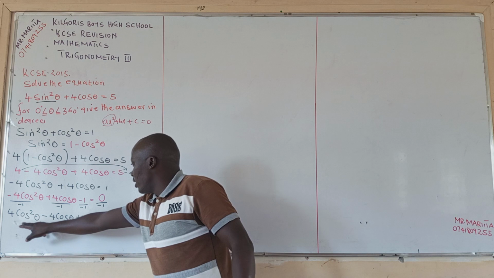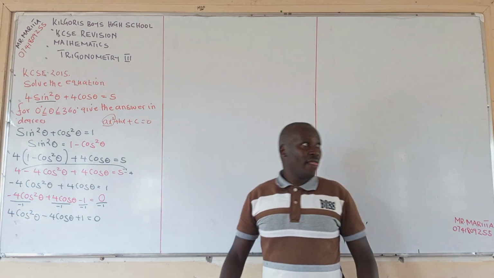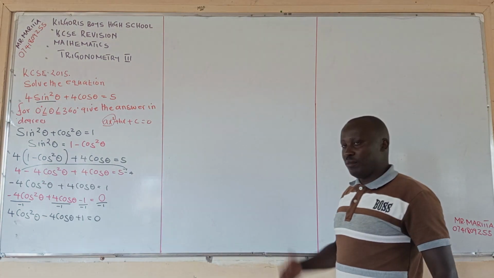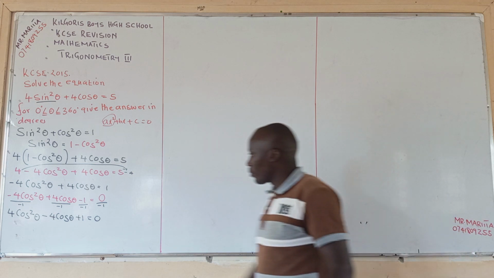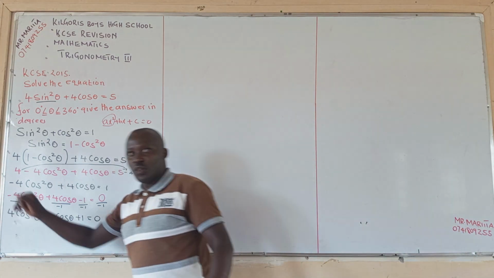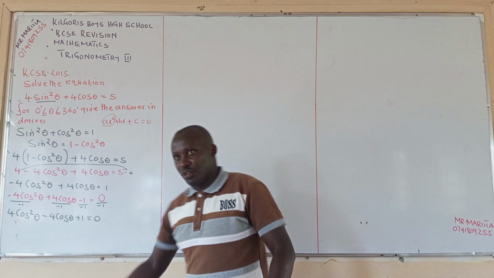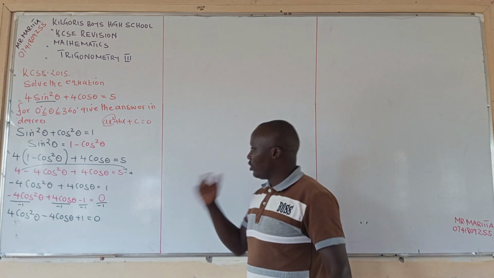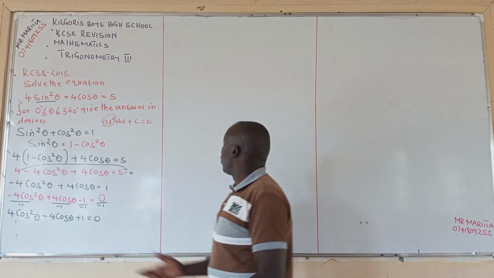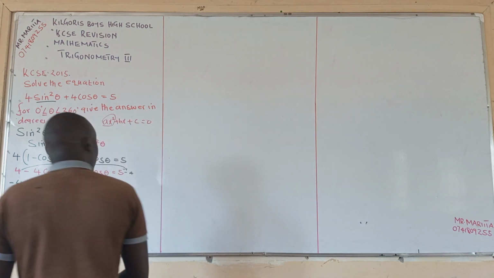To find the value of theta here, there are various methods that can be used. You can use the completing the square method, you can use the quadratic formula, or you can use the sum and the product. In this case, we use the sum and the product.